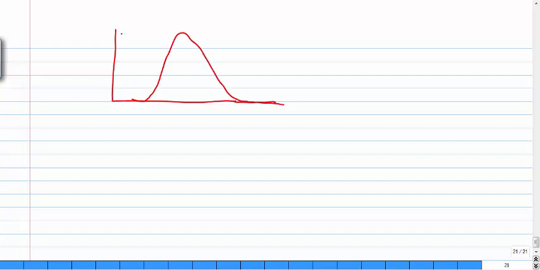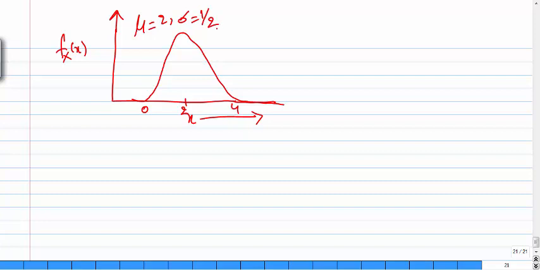Look here, if I plot this to give you some idea how this looks, it is like this, a bell shape. Here mu is 2 and standard deviation is 1 by 2.